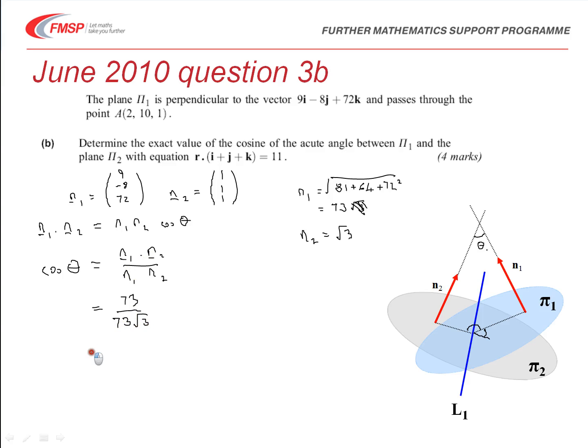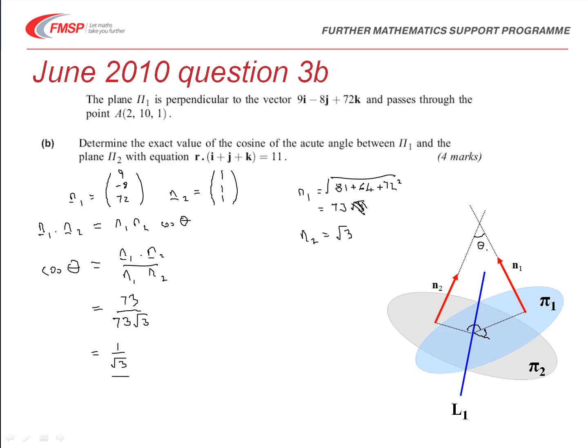And so this cancels down to 1 over root 3. And that is an appropriate value for the cosine of an acute angle because it's between 0 and 1. Okay, so from our diagram, we're quite happy that that is the correct value for the cos of theta.